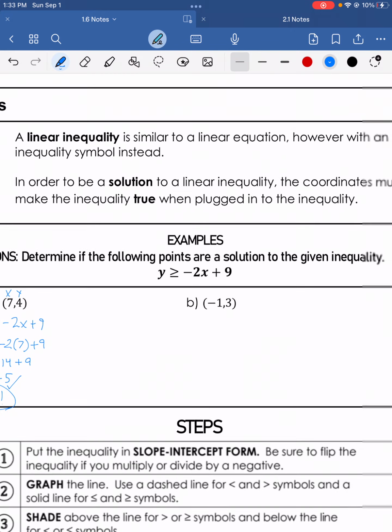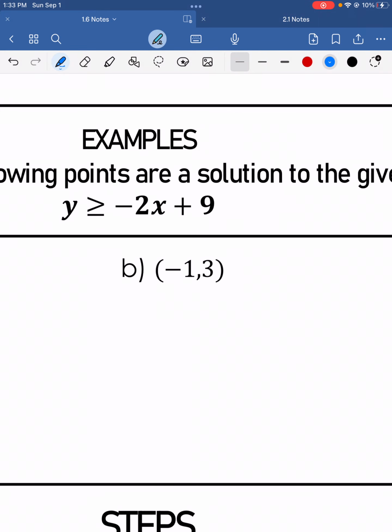Okay, now let's do another example. So we have our x and our y, and now we're going to plug it into the same inequality. So it's going to be 3, our y, is greater than or equal to negative 2 times our x, which is negative 1, plus 9.